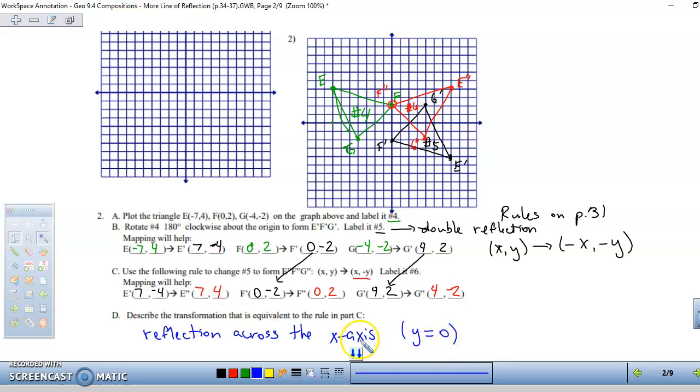So a horizontal line, or the x-axis right here, maybe I'll highlight that, this x-axis, just remember that actually has an equation of y equals 0. So y equals 0 is the same as the x-axis. Okay, well, good job. We'll get to the reflection line in class.